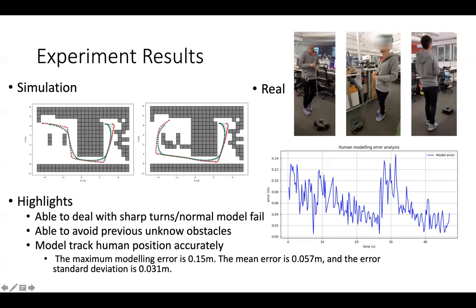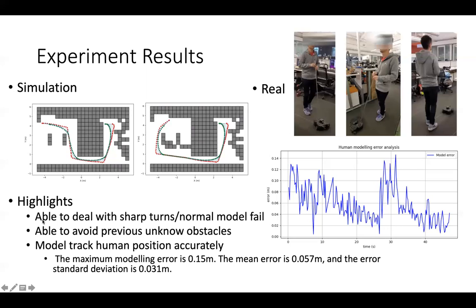And for the real experiment, we use a TurtleBot as our guide dog with a rigid rod, and I covered my eyes as the blind person, and the guide dog can guide me collision free to move from one place to another place. Some results I highlight here.